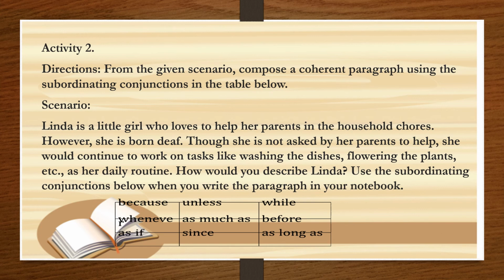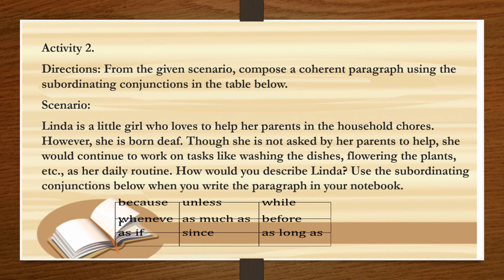Next, for activity 2, directions: from the given scenario, compose a coherent paragraph using the subordinating conjunctions in the table below. So, the scenario: Linda is a little girl who loves to help her parents in the household chores. However, she is born deaf.